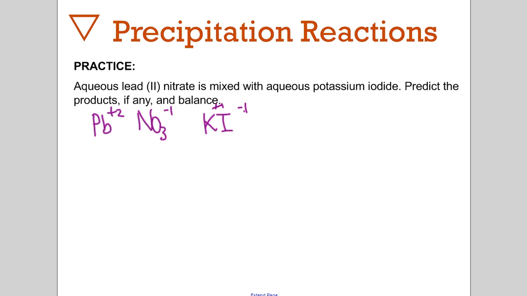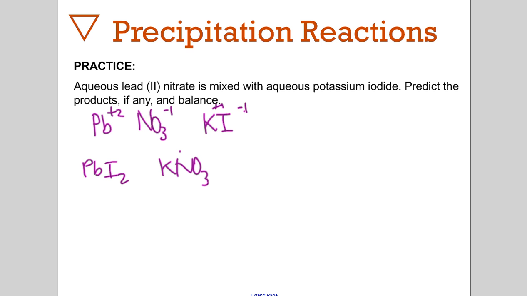So what products will form? Well, let's write this out. We'll have lead with +2 binding iodine, so it's going to be PbI2. Okay, that's one product. And our second product is going to be potassium, which is +1 charge, with nitrate, which is -1 charge. Those are two products.